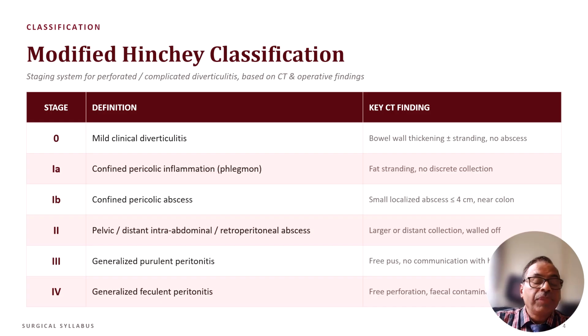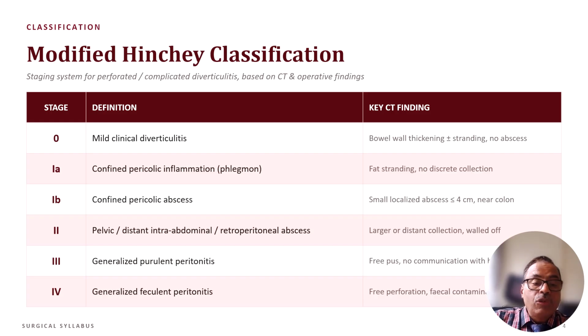That is stage 0. Stage 1A is a confined pericolic inflammation. That means there is a microperforation, but the perforation is just pericolic. The key CT findings are fat stranding, but there is no discrete collection here. 1B is an obvious presence of pericolic abscess.